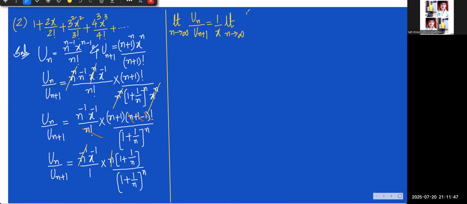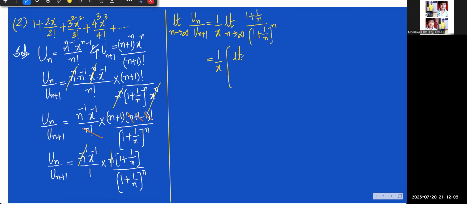What's left over here? Come on, everybody, give me the answer. 1 plus 1 by n divided by 1 plus 1 by n raised to the power of n. This is equal to 1 by x.